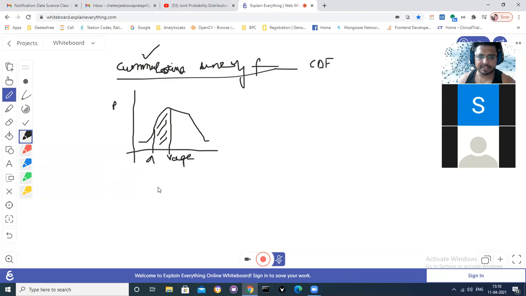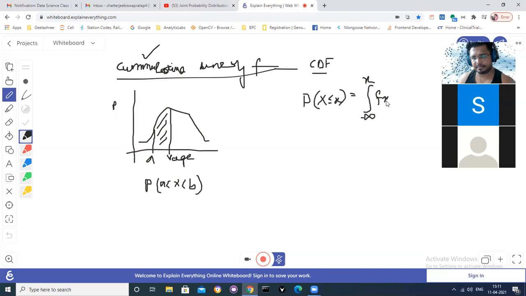Before, it was the probability of something between A and B. The CDF is always P of capital X less than or equal to small x, where small x is some value on the x-axis, and this is equal to the integration from minus infinity until x of f of x dx.